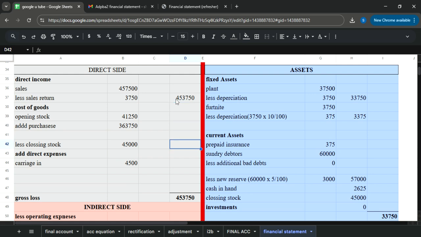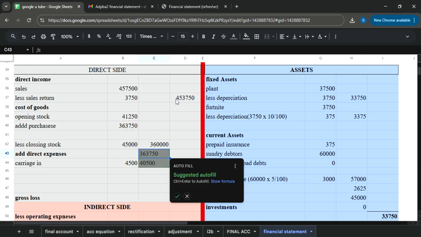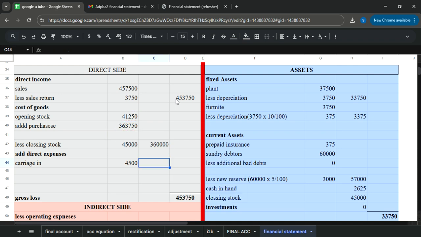Now you will calculate your cost of goods sold, which will include, first, opening stock, then you will add your purchases, then you will subtract your closing stock. You have got cost of goods sold, and then there is only one direct expense.